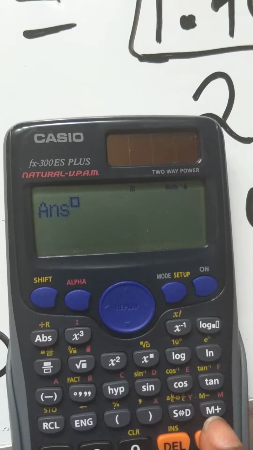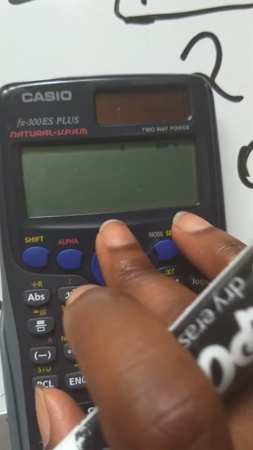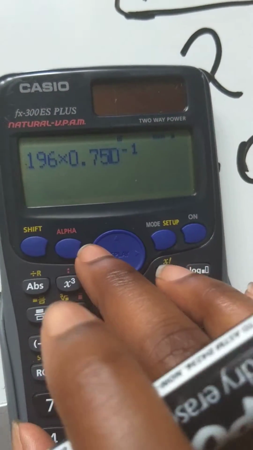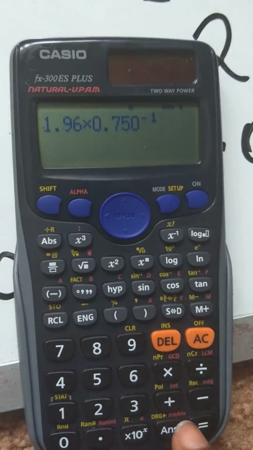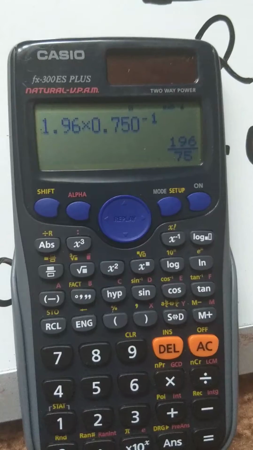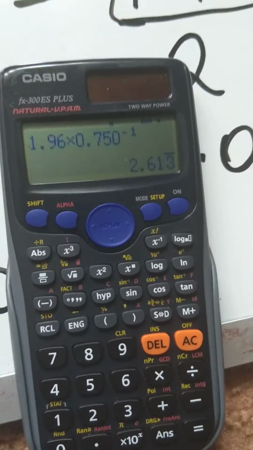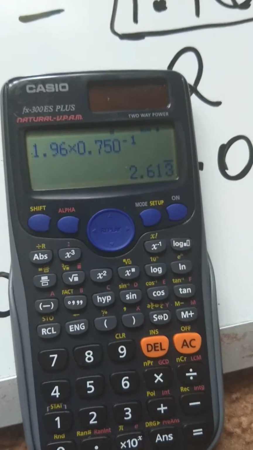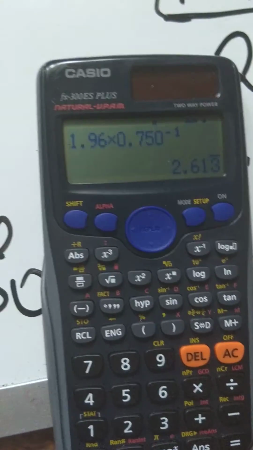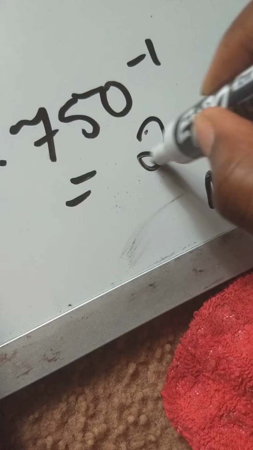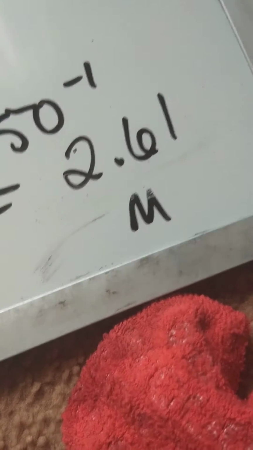It can mean the difference between having the correct answer and the wrong answer every time. Decimal places matter. Don't forget that. Alright, so the correct answer, now that we have checked our decimal places, is 2.61 molarity.